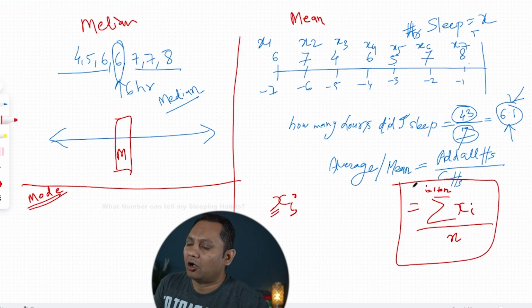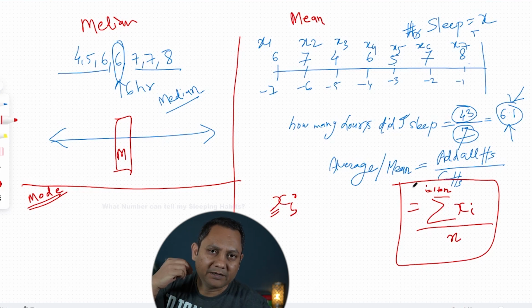If you are sleeping 6 hours or 7 hours on more days, that number will be the first guess in your brain, because our brain works on the law of aggregation and law of generalization, and our brain picks up the most common, frequently used number.